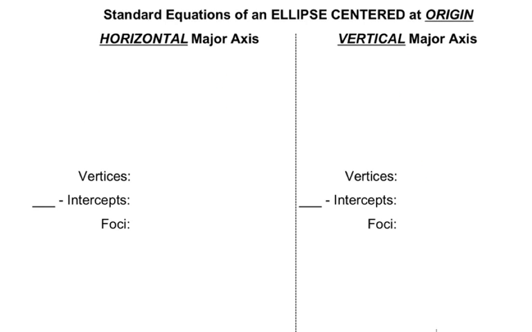So I'm going to write this out. A horizontal major axis ellipse is going to look like x squared over a squared plus y squared over b squared, and that would need to be equal to 1.